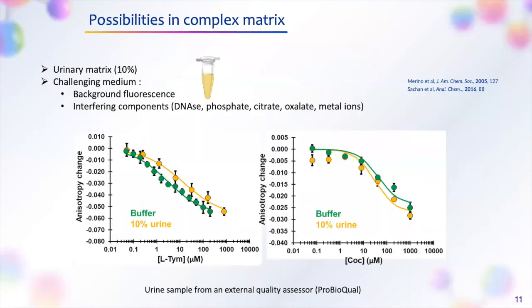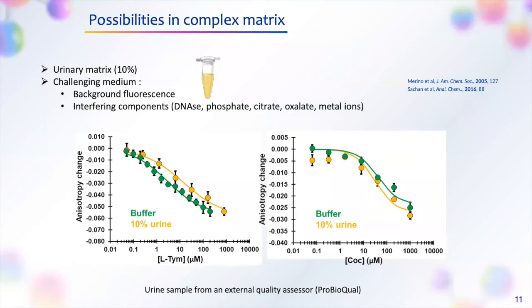Finally, we wanted to show that our method could work in real-life conditions. So we performed some dose-response experiments with diluted urine samples spiked with either L-tyrosinamide or cocaine. And we found comparable results between the complex medium and the buffer medium, demonstrating that the sensor could detect such analytes in such a matrix.